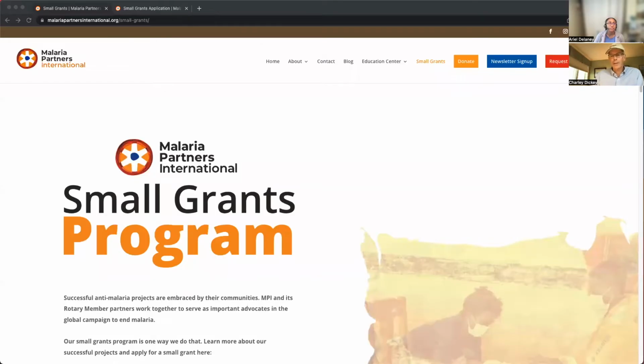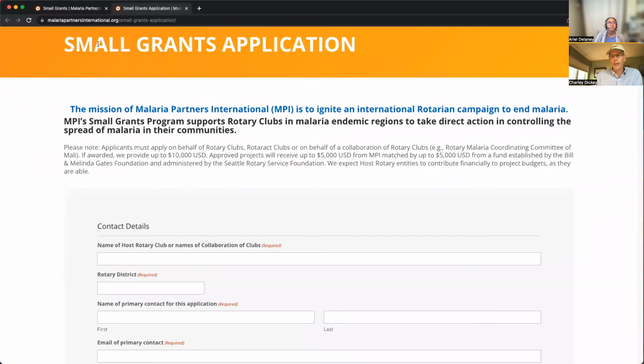Yeah, just to start off, we now have a digitized application form. Before this, it was just kind of an email with a big attachment.